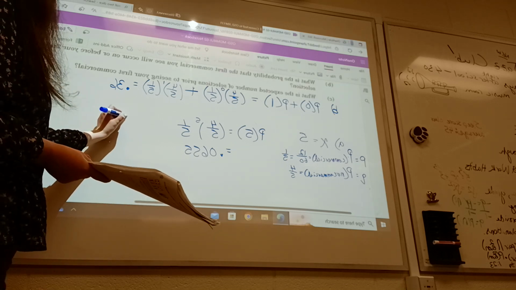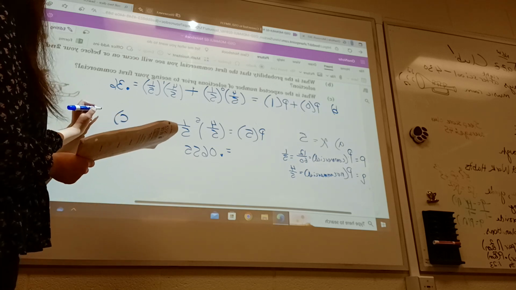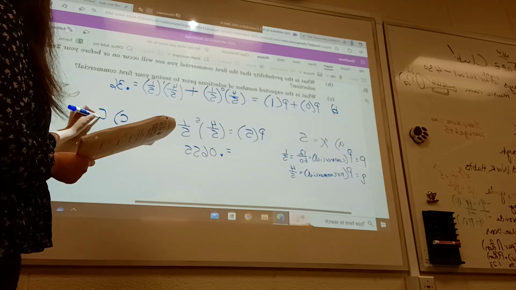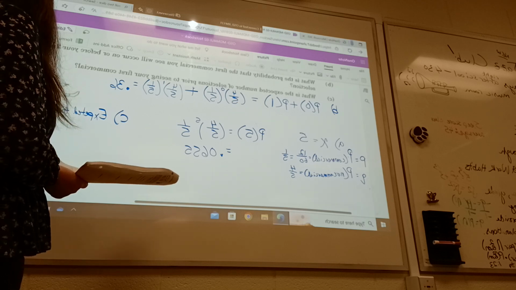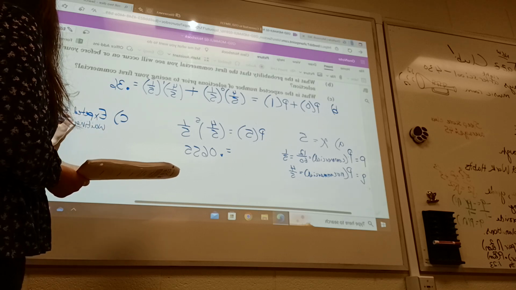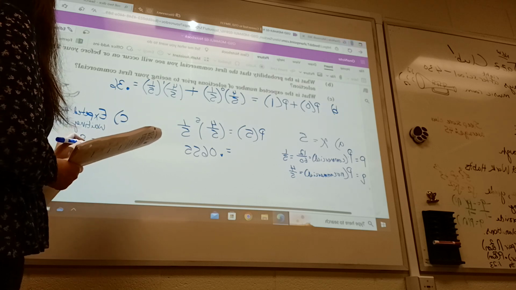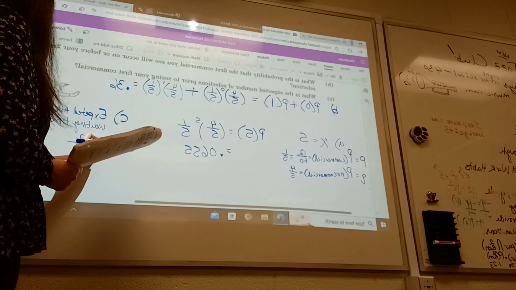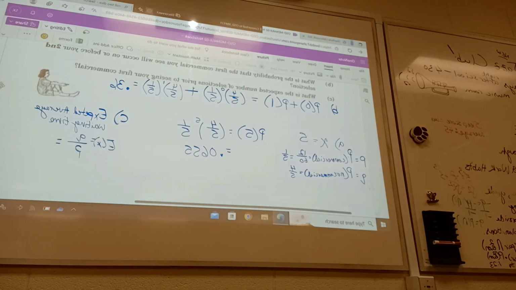And then finally, question C. What is the expected number of selections prior to seeing your first commercial? Our expected average waiting time equals Q over P, the probability of a failure divided by the probability of a success.